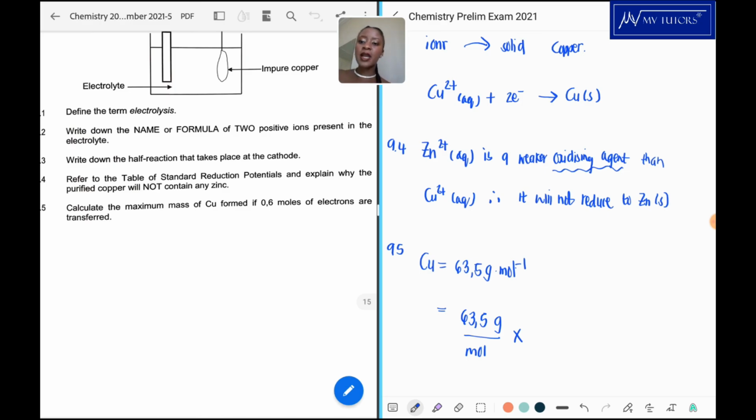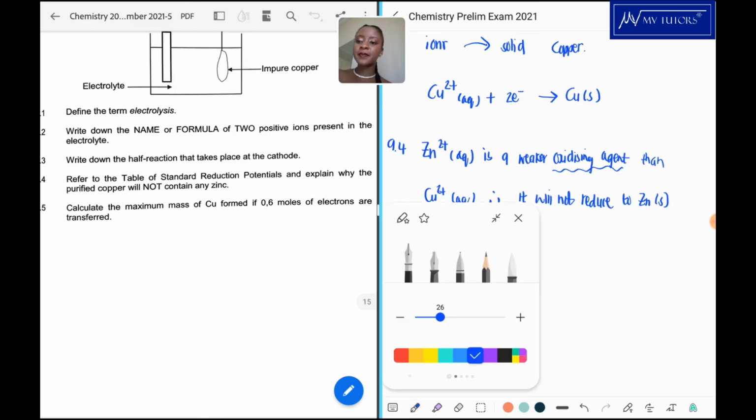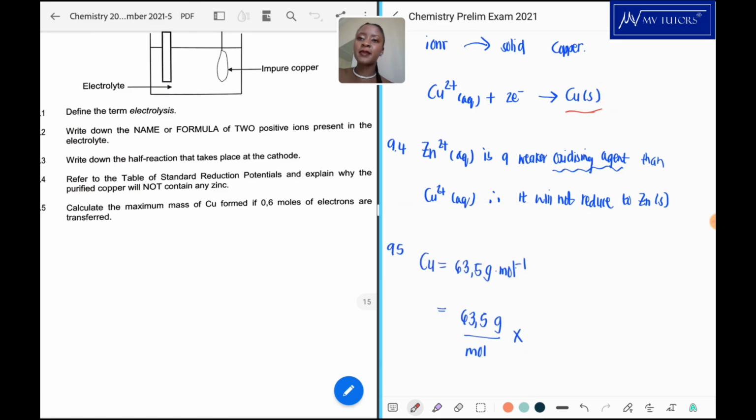Okay, so guys, just a reminder, here, this is where we have our copper solid, right? That is where our molar mass is 63.5 grams per mole. But here you have 2 electrons, not 1.